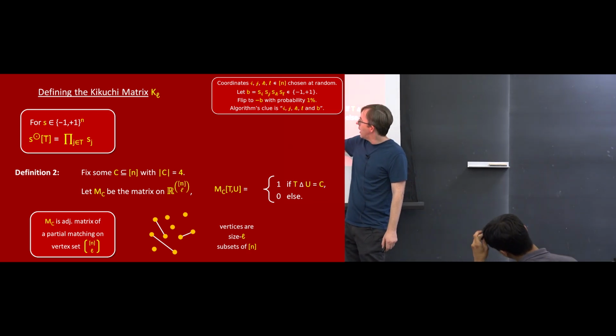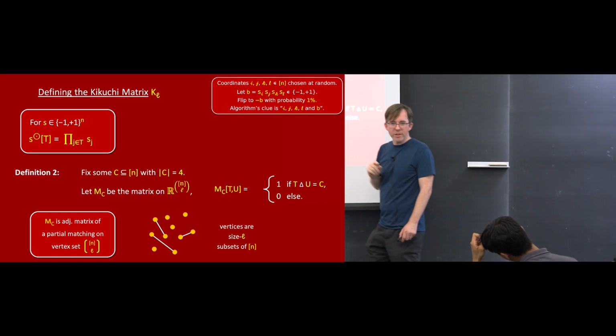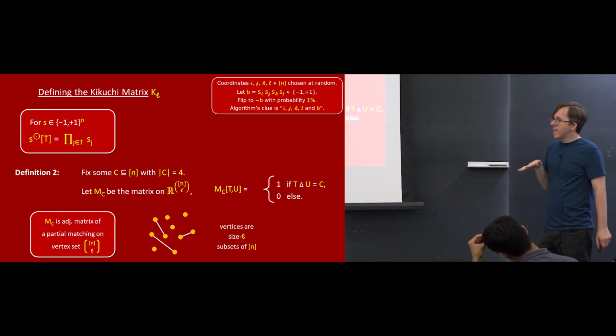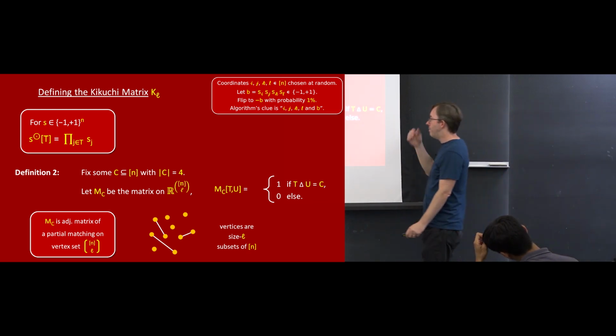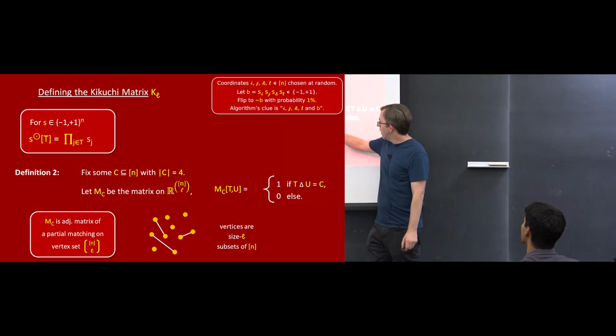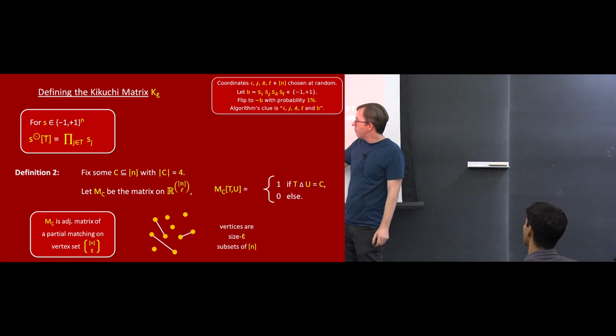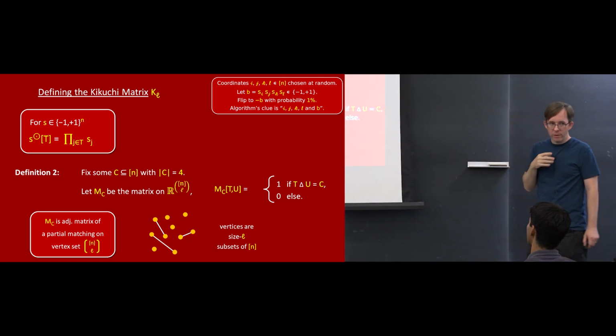A set T has an edge if T symmetric difference with C is another set of size L, which doesn't always happen. It only happens maybe if C overlaps with T on exactly 2 elements. So depending on C, this is the adjacency matrix of some partial matching on this big set of vertices.